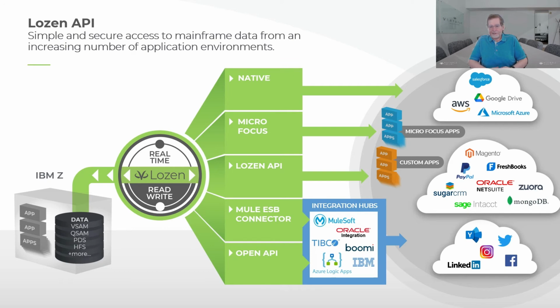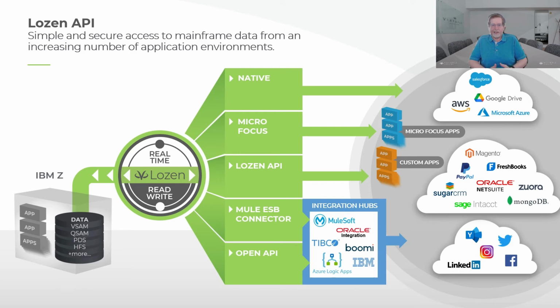They all use an approach that's basically a pipeline approach where you access data using a kind of connector strategy. After listening to some of the customers we were speaking to, it seemed like a great fit for Lozen. So we went and developed a Mule ESB connector.